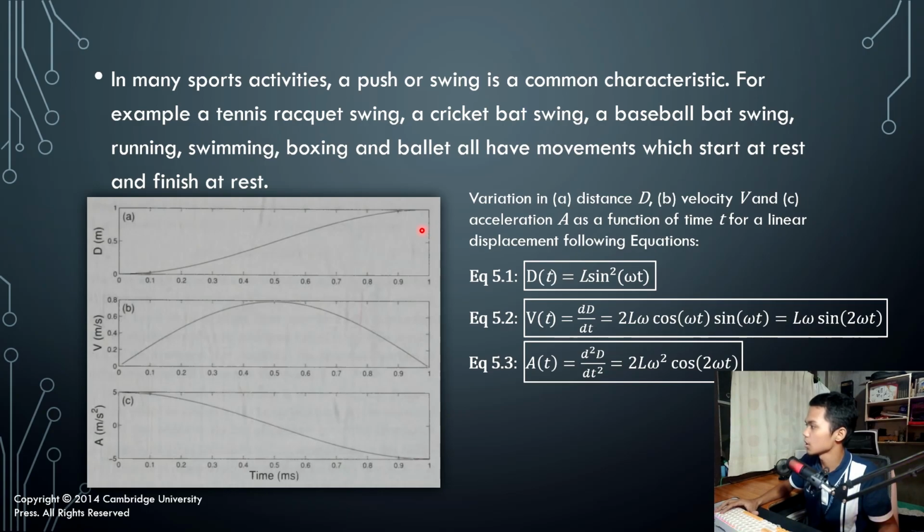So let's say, for example, we are going to swing a bat during a baseball game. The starting position looks something like this, and the end position looks something like this.